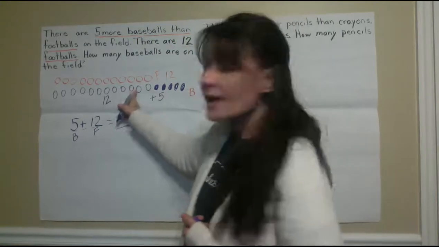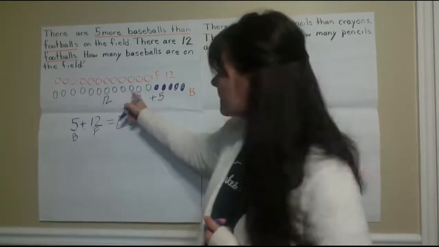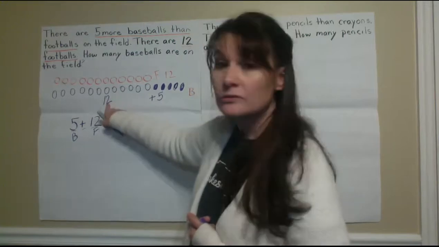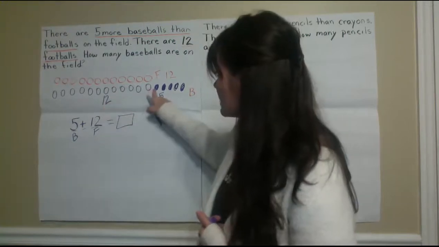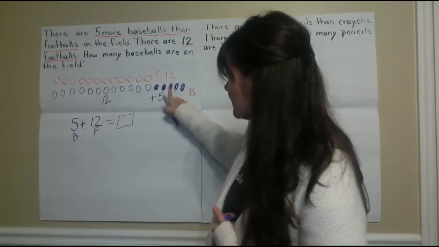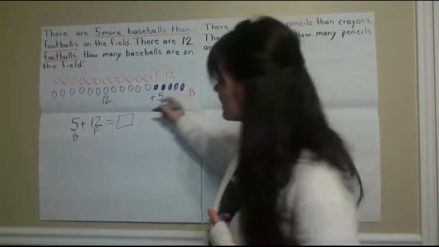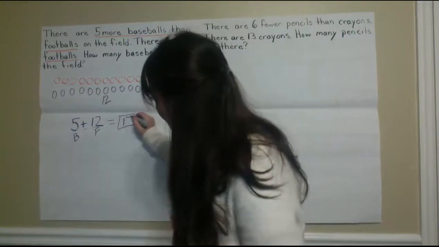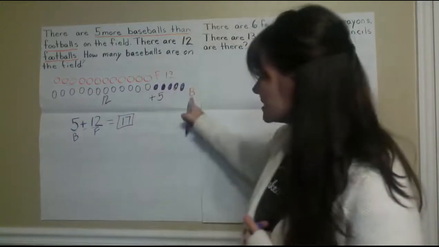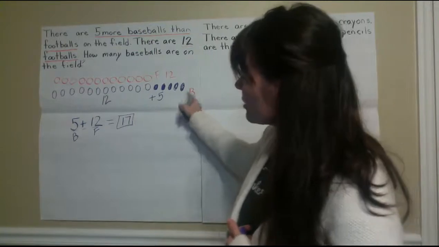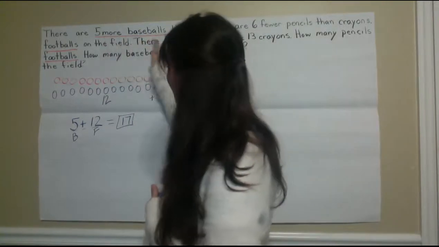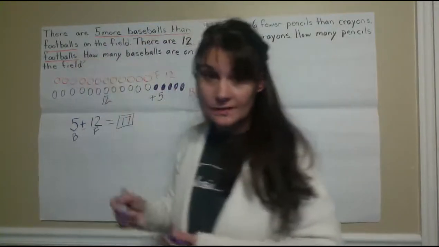So I'm going to go ahead and use my counting on strategy. 12, 13, 14, 15, 16, 17. So that lets me know that there are 17 baseballs because there are 5 more baseballs than footballs.